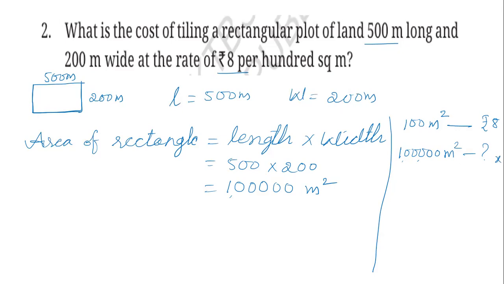We don't know, put it as x. X is equal to, just cross multiply, 1 lakh into 8 divided by 100. These 0s get cancelled. 1000 into 8 means 8000. 8000 rupees is the answer.